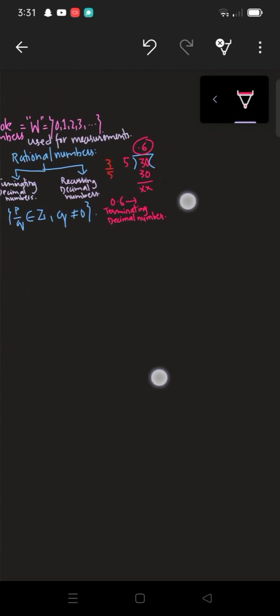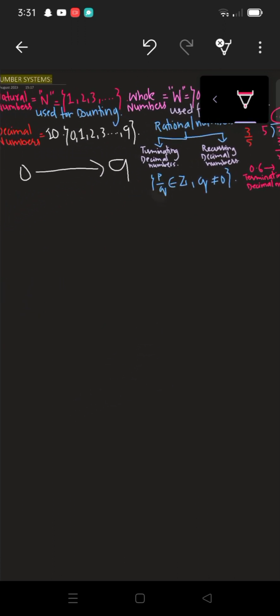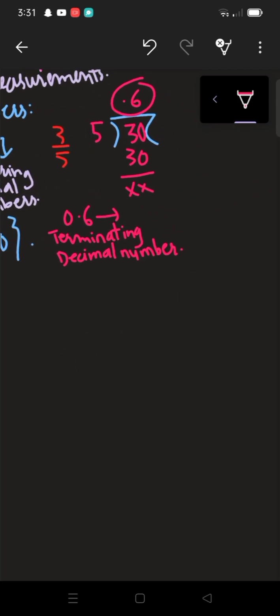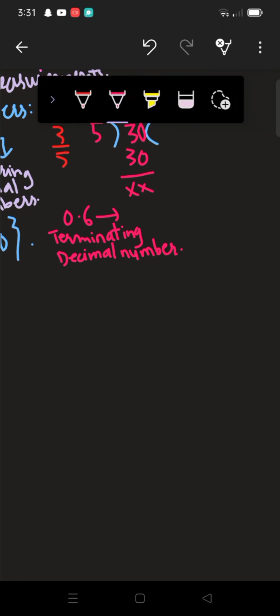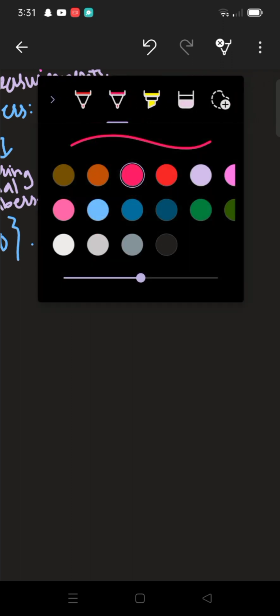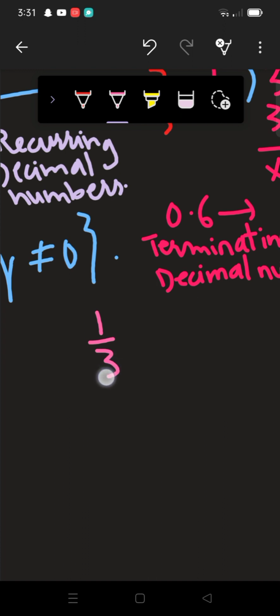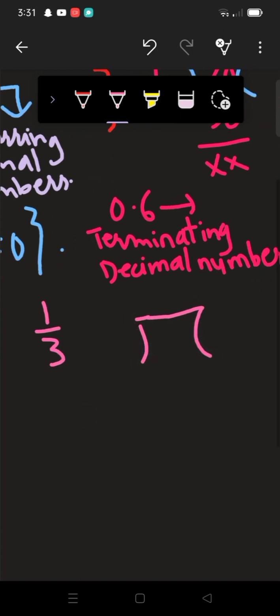Now let's discuss the recurring. What does recurring mean? This recurring basically means repeating of numbers after a decimal point. For example, suppose I have 1 upon 3. Now we know that the numerator will be inside, so 1 is inside and 3 will be outside. We have to put a point and 0. Now 10 does not come in the multiple of 3, that's why we have to take less than 10.